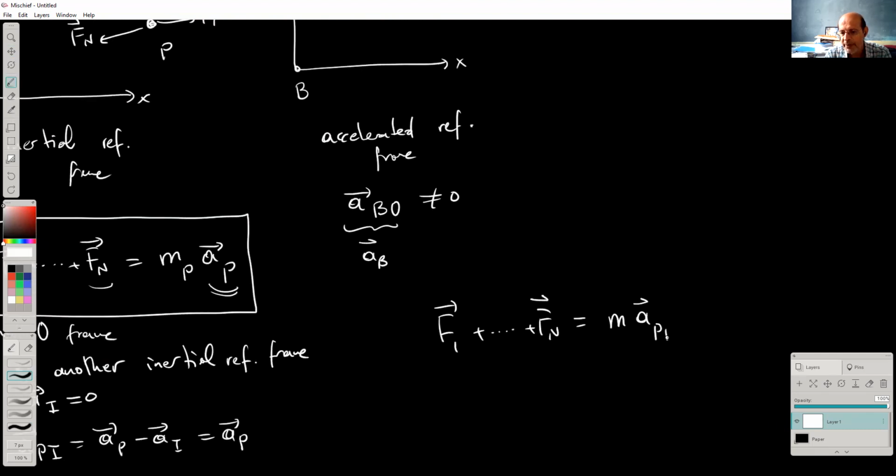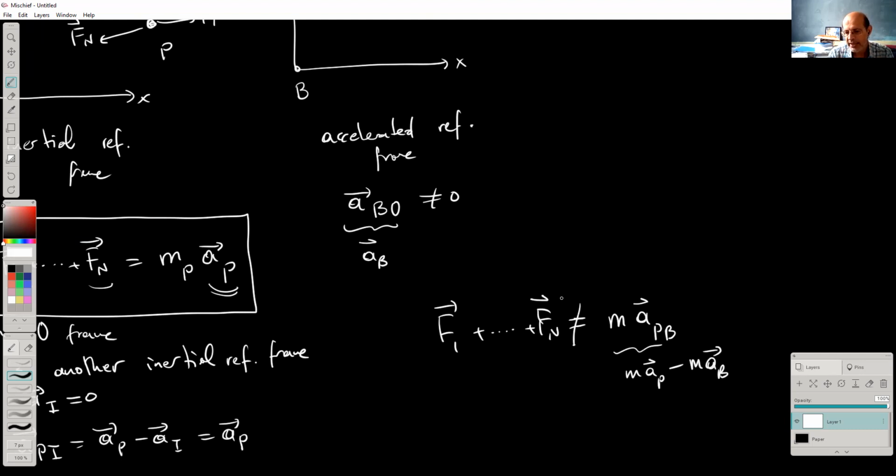But I would like to express this as an acceleration relative to B, and in that case, that's not true, right? We know that's not true because this is basically equal to mass times the acceleration of P minus mass times the acceleration of the reference frame. Okay, so I know that the sum of all of these is basically equal to the net force, so therefore these two sides are not equal to each other.